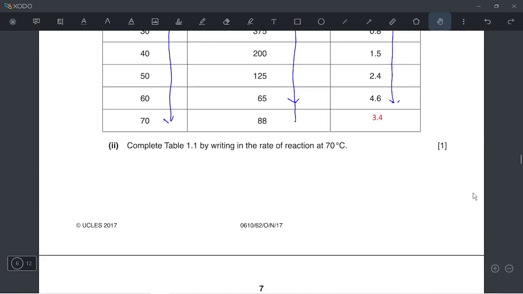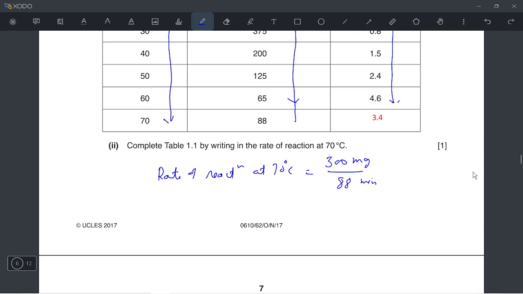So rate of reactions at 70 degrees Celsius will be equal to mass of starch, which is 300 mg, divided by time taken to completely disappear starch, which is 88 minutes.